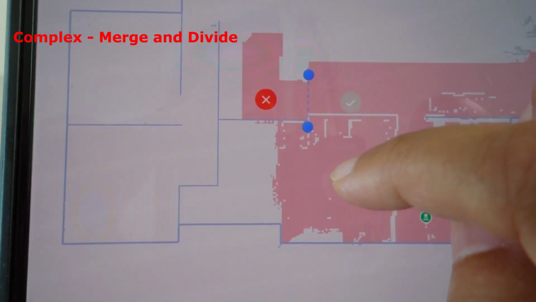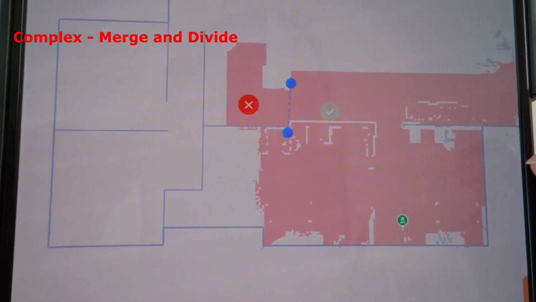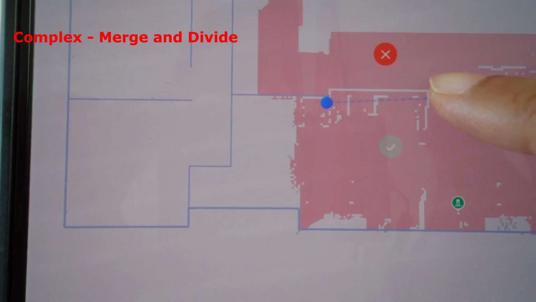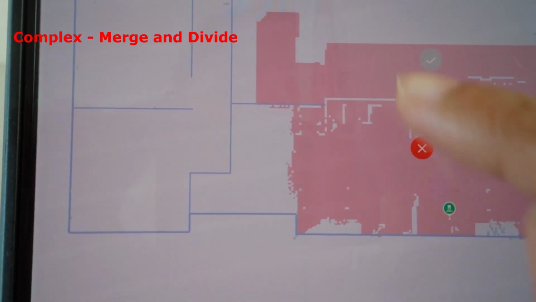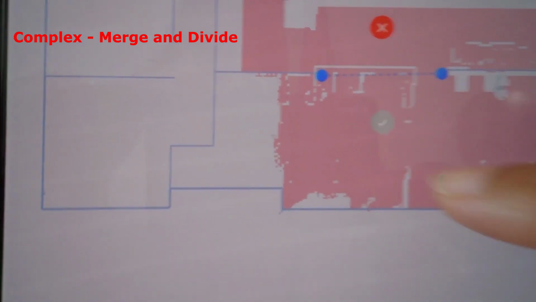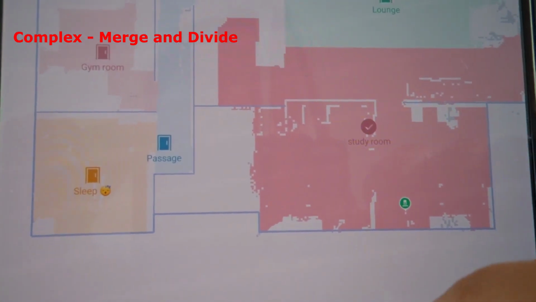I'm not getting that thick line here, so maybe I can't divide it this way. I might have to try this another way because I'm not getting that thick line here, which is the green signal to divide, and I'm not getting the thick line here as well to split this room. So I'm going to cancel this.